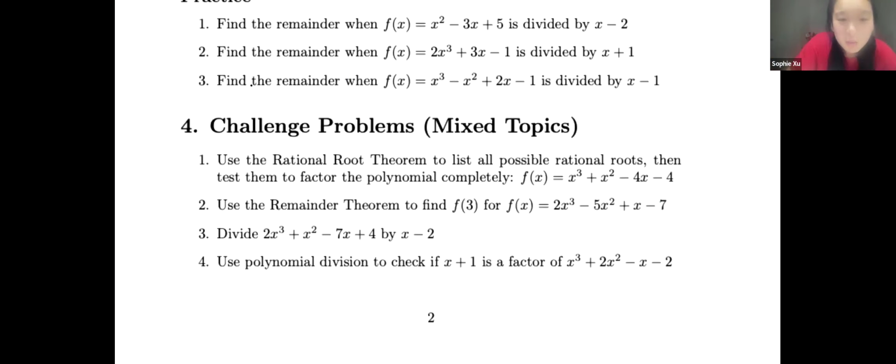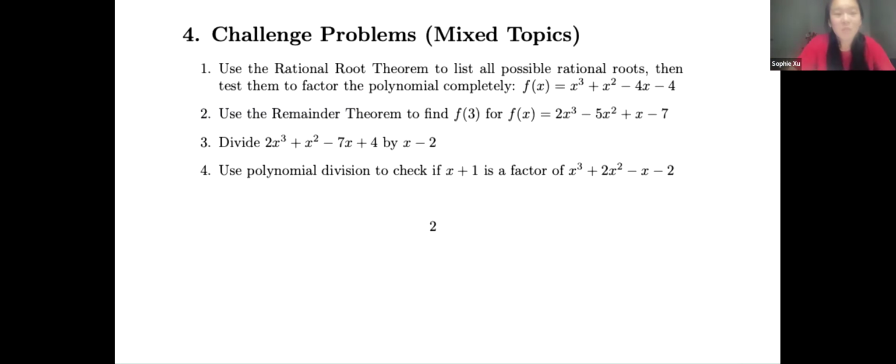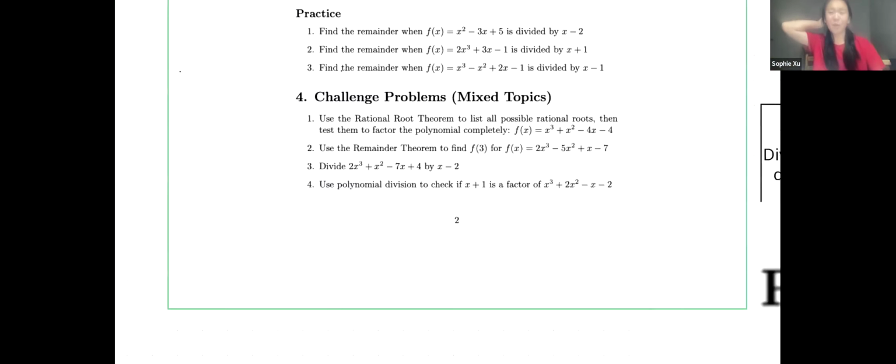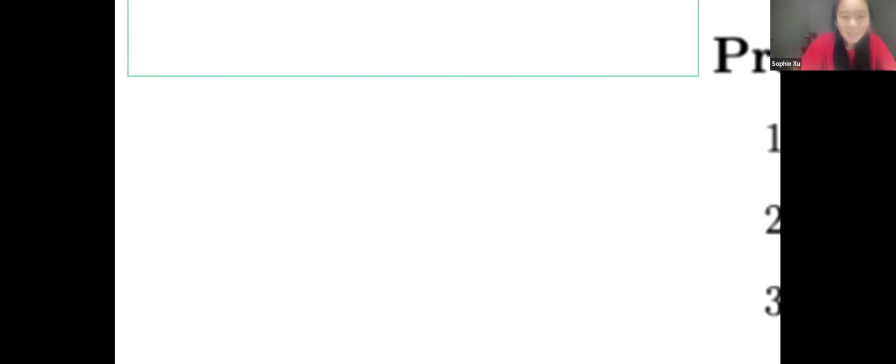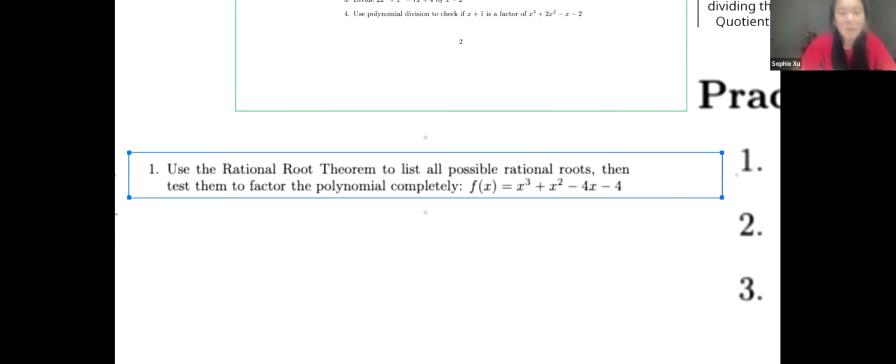Use the rational root theorem to list all possible rational roots, then test them to factor the polynomial. Oh, I don't want to bash. It's fine. I've bashed way more than this. So, can you see where I'm writing?